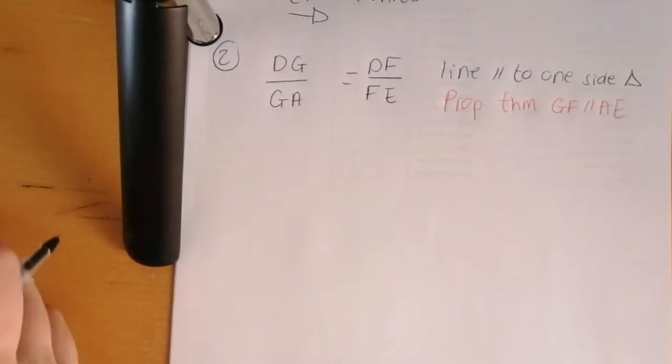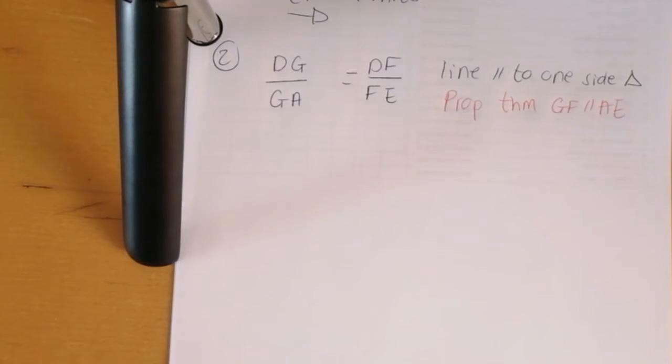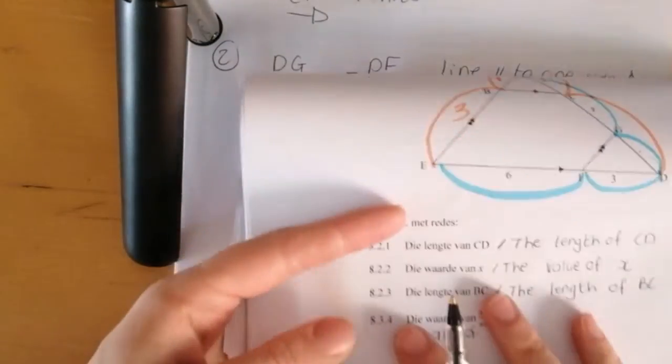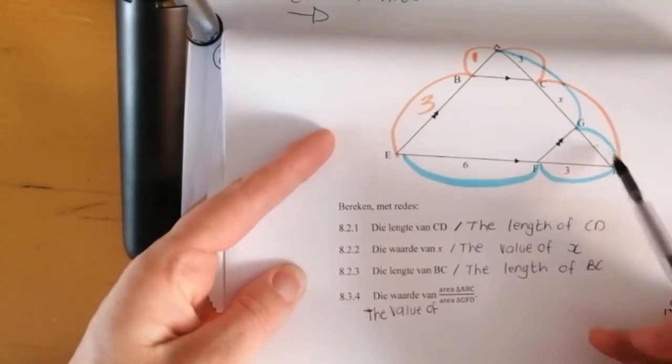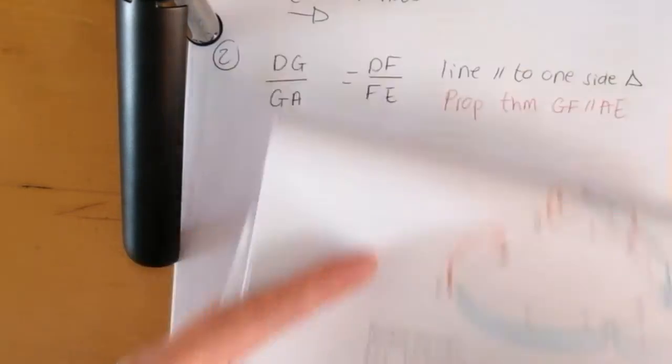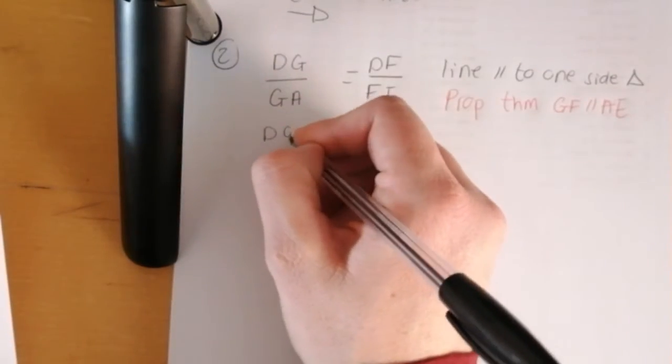Okay, now if I go to my sketch, I can see that DG does not have a value. We must get a value there. So that's what we want to calculate, over GA.